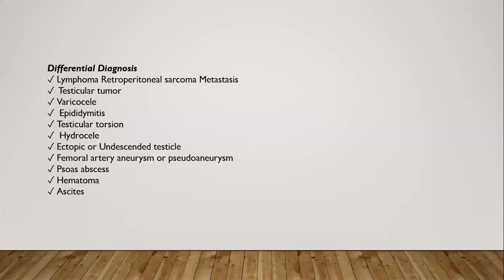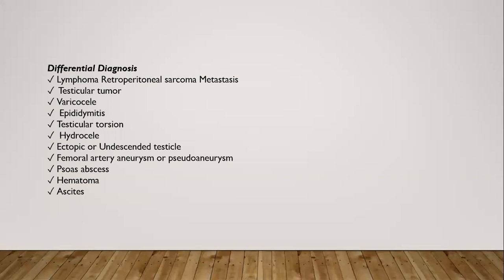So what are the differentials for swelling that you see in the testicles, or differentials for hernias? You have lymphoma, testicular tumors, varicocele, and epididymitis, which is the inflammation of the epididymis. You can have testicular torsion, and hydrocele, which is fluid accumulation in the testicles.